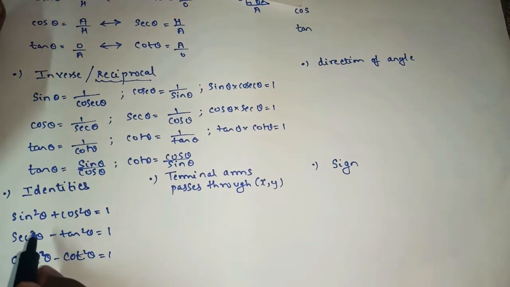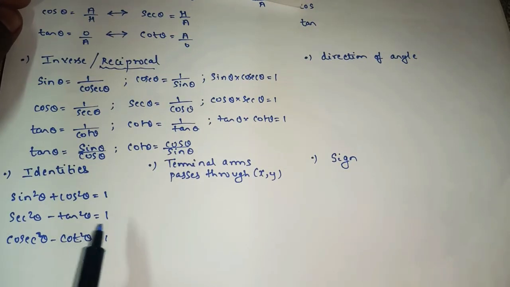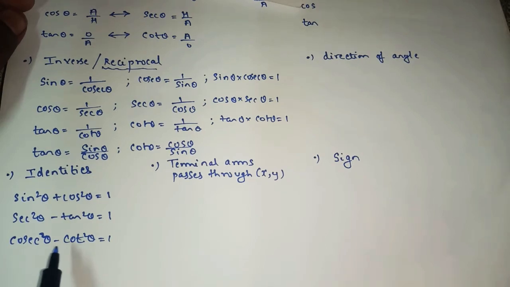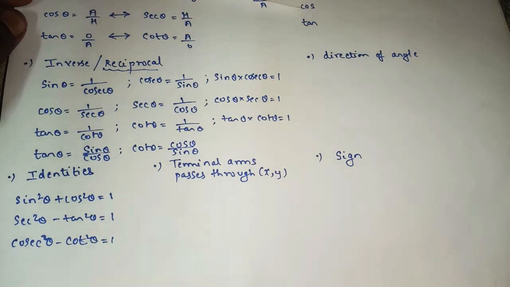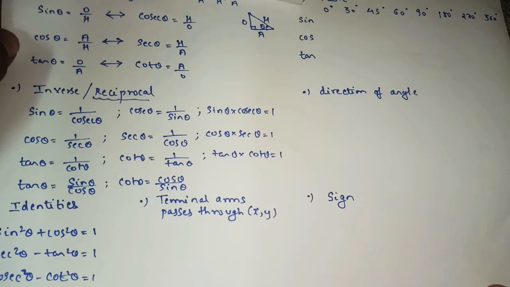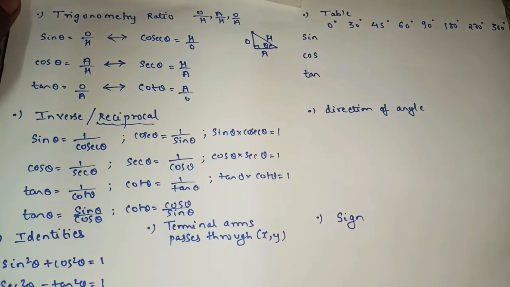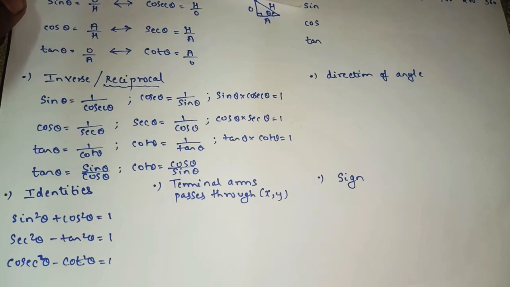So the first one is sin square plus cos square equals 1, the second one is sec square minus tan square equals 1, and the third one is cosec square theta minus cot square theta equals 1. So there are three formulas for identities. I hope you all understood this part: trigonometric ratios, inverse and reciprocal, and then identities.